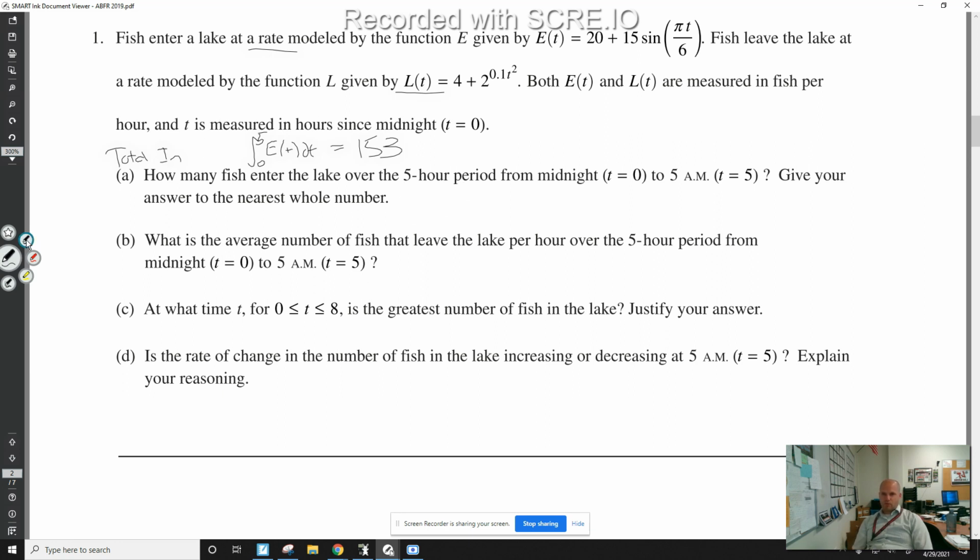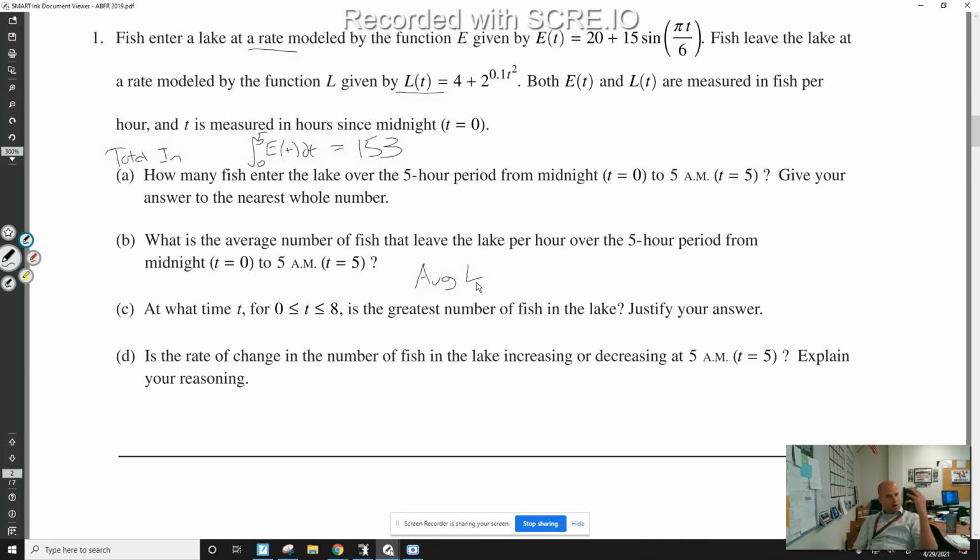It's the average number of fish that leave the lake per hour. Okay, that's an average L. This is the rate at which fish are leaving in fish per hour. The average L, average number of fish, is what we're trying to find.